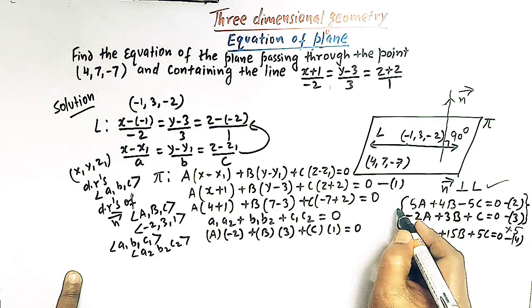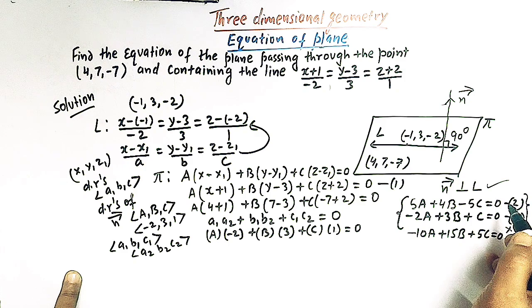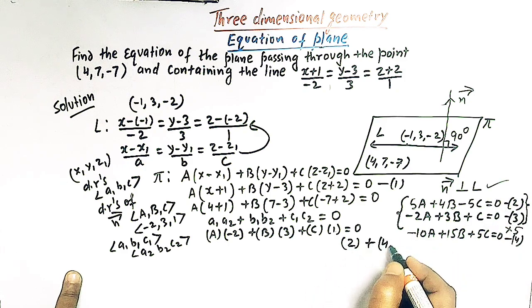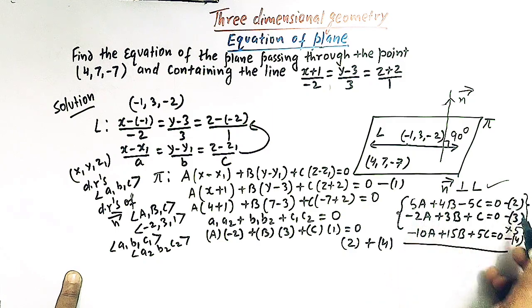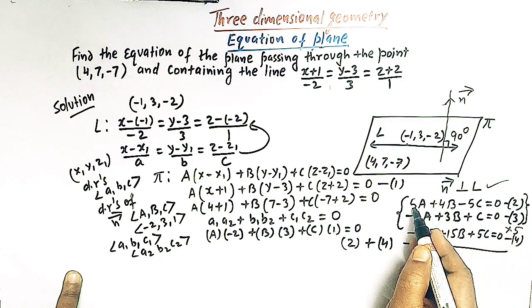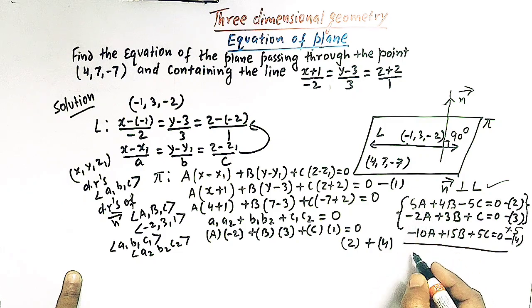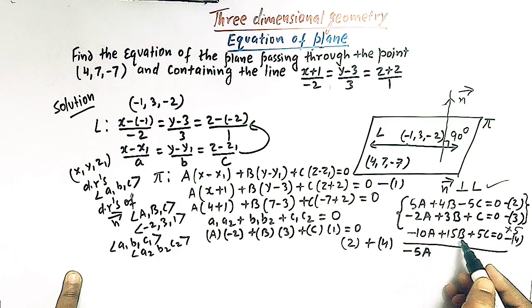So now we'll eliminate the variable c from equation 2 and equation 4 by adding equation 2 and equation 4, right? So here when we add equation 2 and 4, then here we have 5a, here we have minus 10a. So 5 minus 10 is minus 5a, and here we have 4b, and here we have 15b.